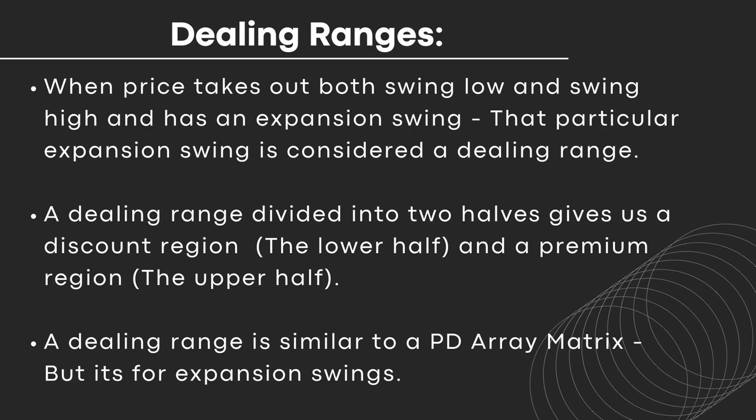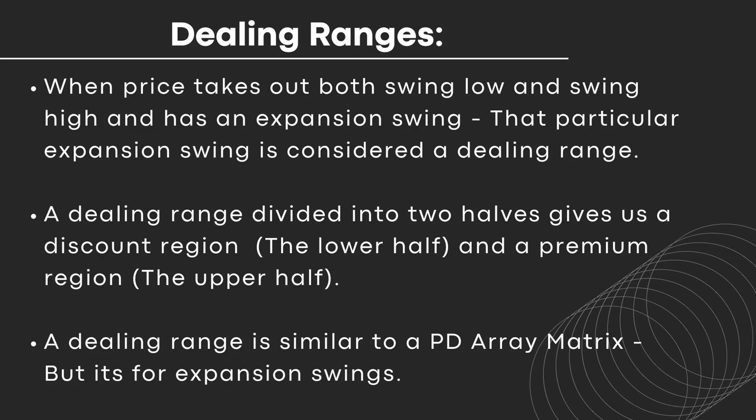You might be wondering what the importance and significance of dealing ranges is and why we should be familiar with them. I'm going to delve into that later in this chapter, but first you need to know how to correctly identify the dealing range on the higher time frame and how to correctly draw it out.